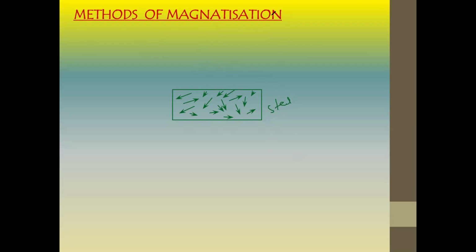So what you can do is use a direct current, a DC. You wrap the wire around, with a positive and negative terminal.